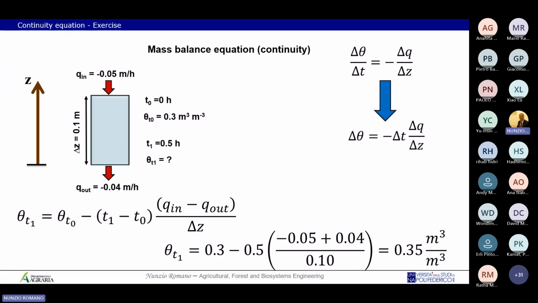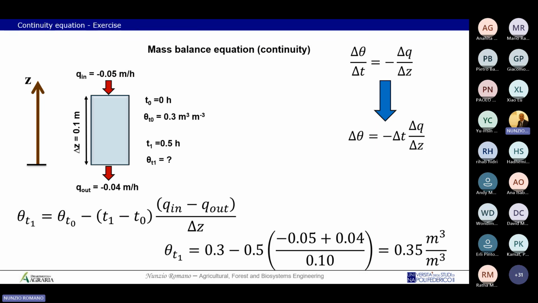I hope that this very simple exercise gives you an idea of the continuity equation, and an idea that we do not consider mass because, as I told you at the beginning, we use water in very practical applications, and we consider the density of water to be quite constant in our exercise.